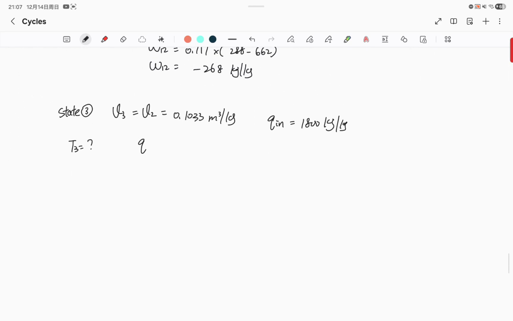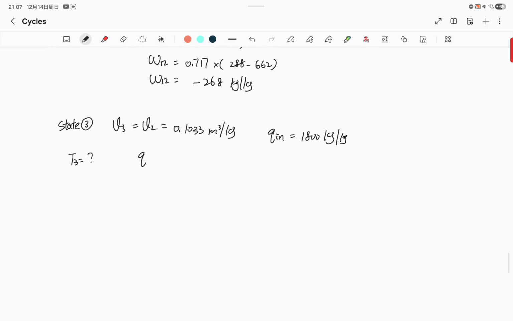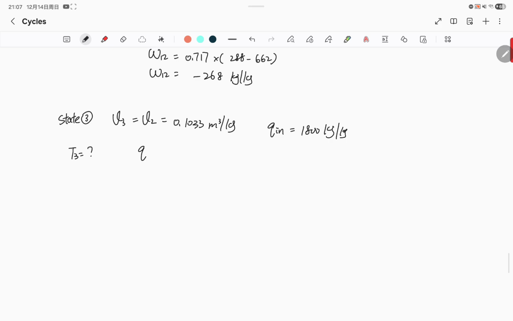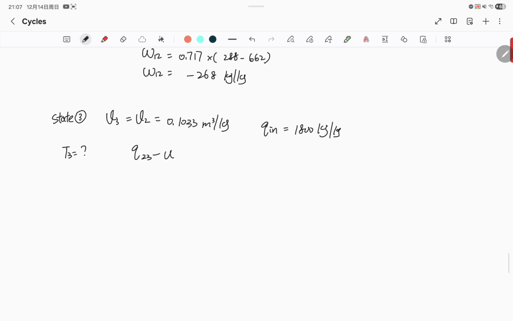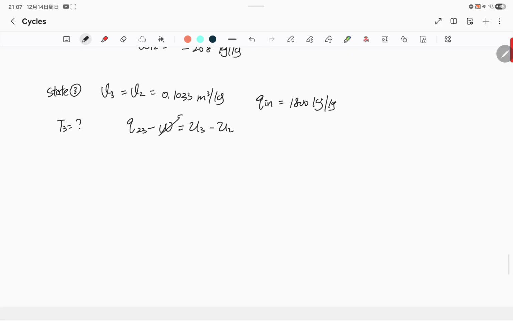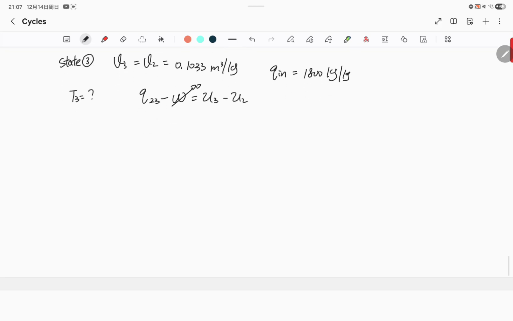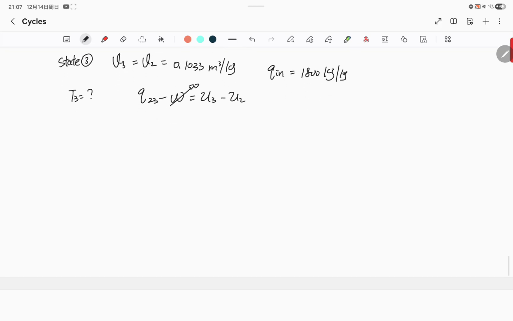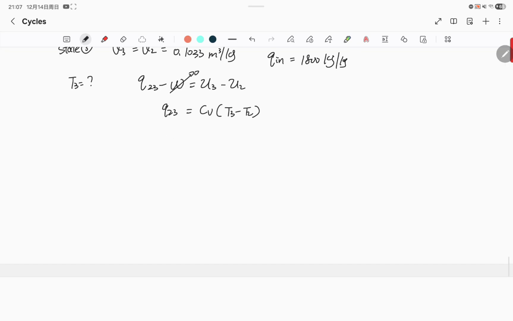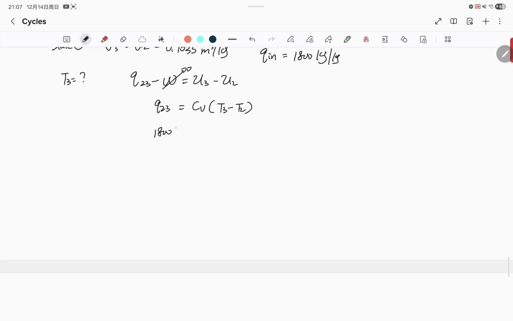So the second solution to calculate T3 is through, well, pretty much the same formula here. It doesn't do work because volume remains the same. No volume, no work. And since this is ideal gas, we can replace it by CV delta T. Well, Q is given, that's 1800.